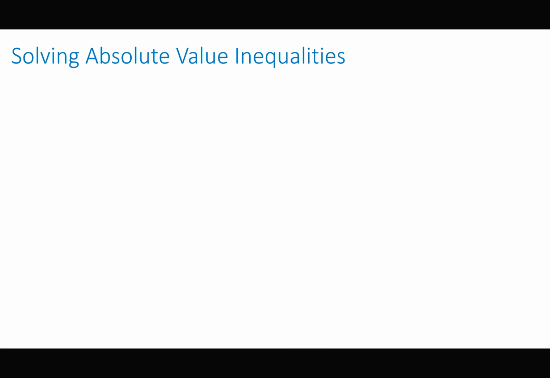Now let's talk about inequalities. So this is something that you have not done, but it's just a little nuance to what we've been doing already. So absolute value inequalities. So again, when we did this absolute value of x was less than or equal to 3, we set up a negative 3, we set up a positive 3.